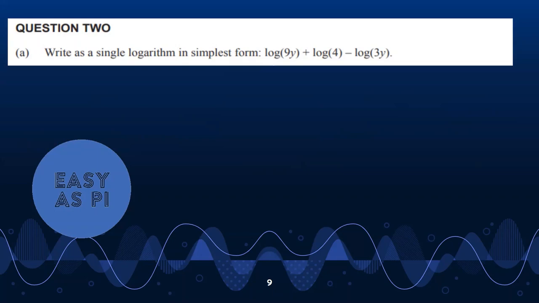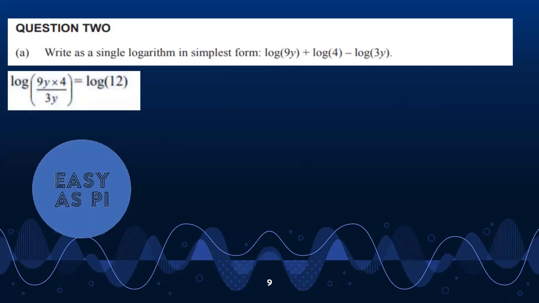Just keep that in your head for now. This is separate. That's solved half the question we've got. At the minute, we've got log 36y minus log 3y. Now, when dealing with subtraction, we're going to have to use division. This is the quotient rule for logs. I'm just going to pop the answer up. What it simplifies to is log of 36y over 3y.